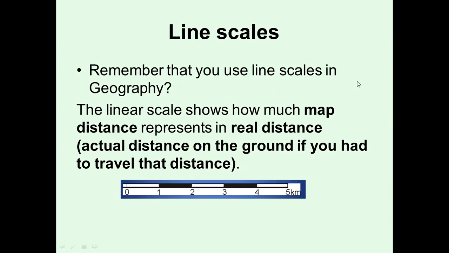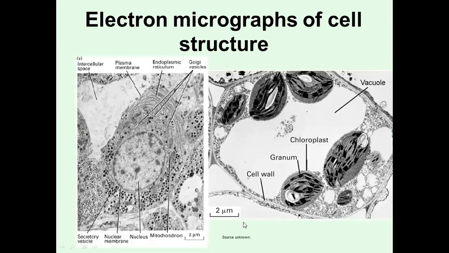Okay, so the kind of line scale that we use in life sciences is exactly the same as a geography line scale. What it's saying to you is this distance on the cell, anywhere on the cell, represents 2 micrometers in reality.